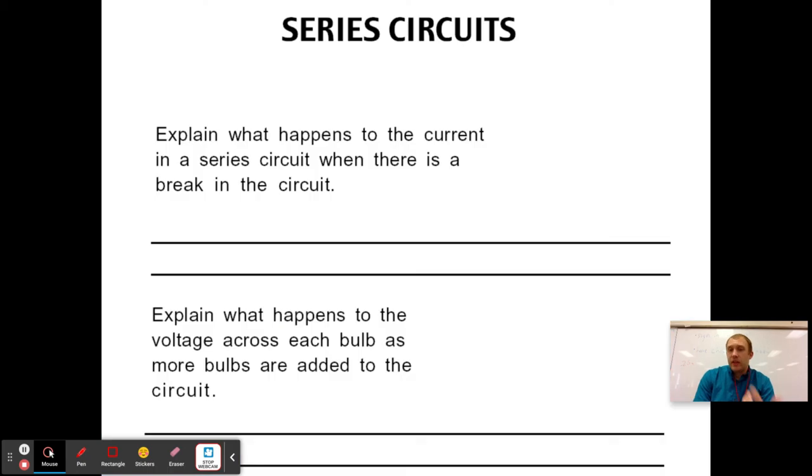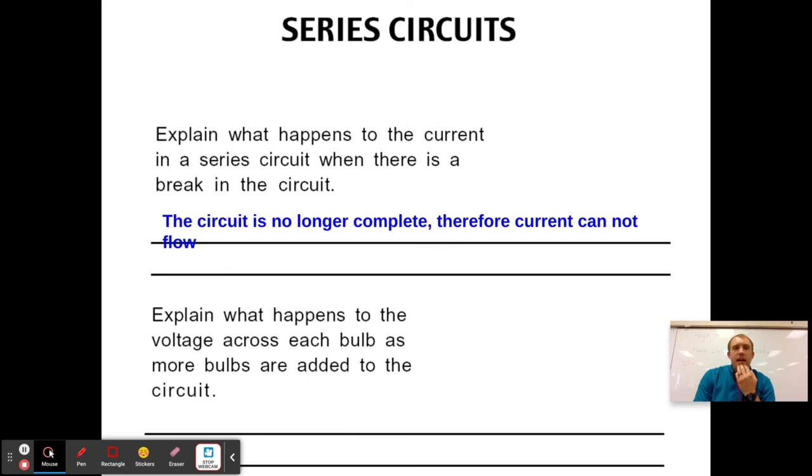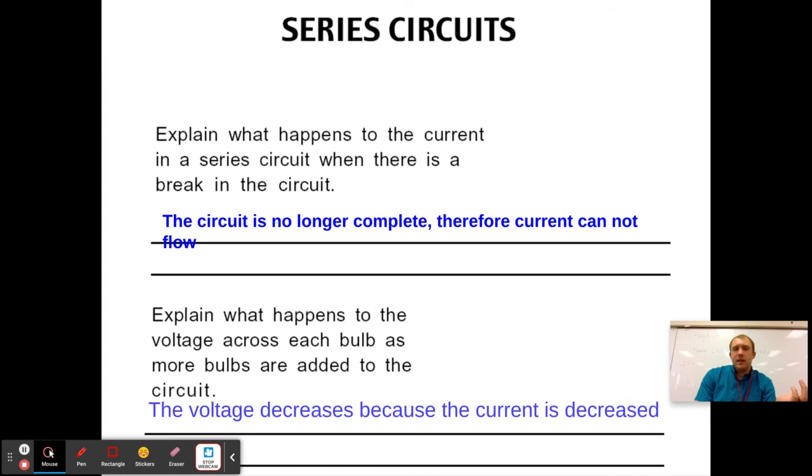This leads us to a couple things you need to know. In a series circuit, I already talked about that one. The last thing is what happens to the voltage and the resistance. We don't need to know the voltage one. Sorry, if you want to change it in your notes, so I don't need to remake this video, change it to resistance increases.